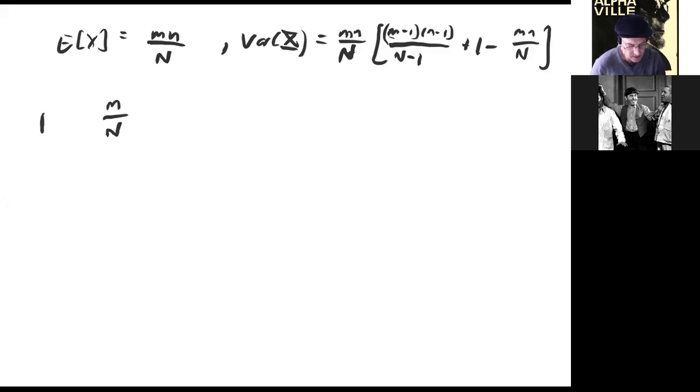So if we set this equal to p, lowercase p, this is the probability on the first draw of selecting a success, let's say, on the first try.